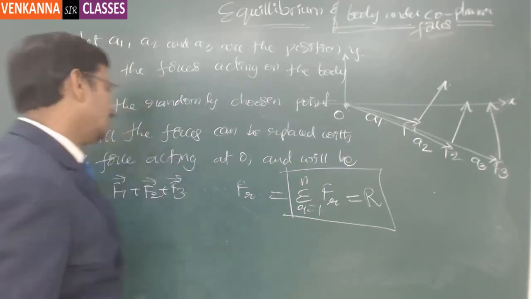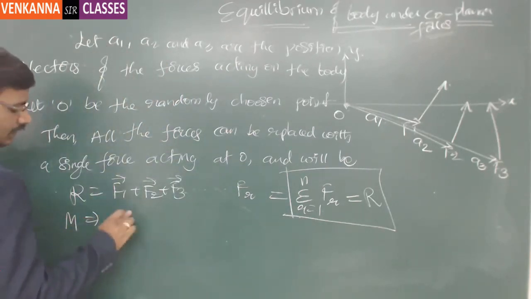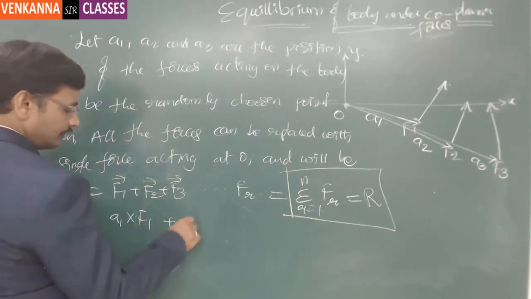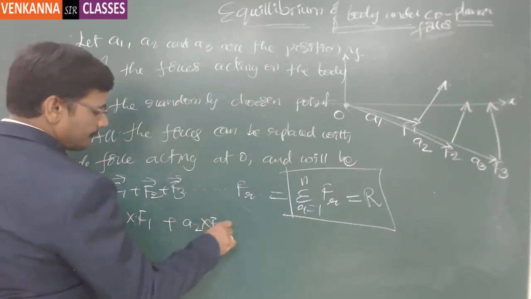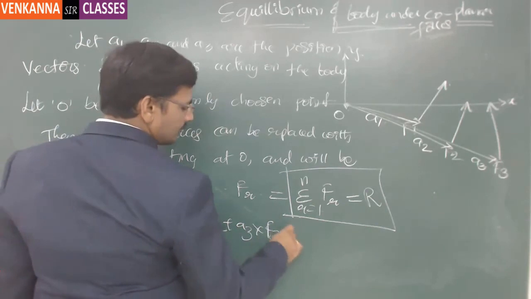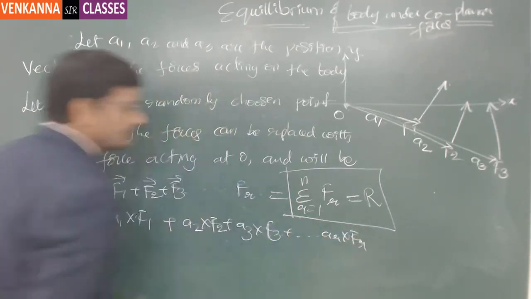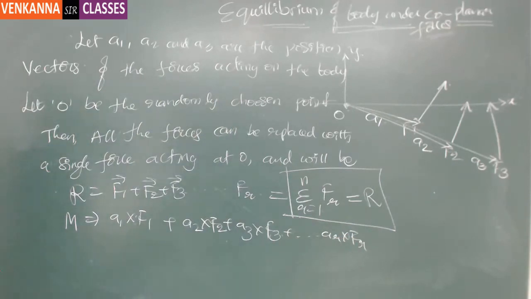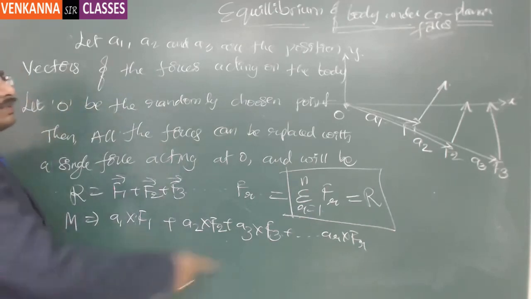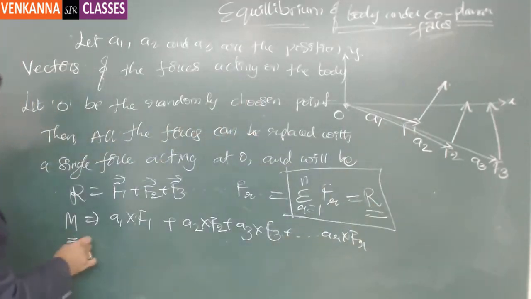So M is equal to A1 cross F1 plus A2 cross F2 plus A3 cross F3 plus and so on up to Ar cross Fr. This is the resulting moment, the moment of all the forces together, and then this entire system can be replaced with this R and this M. Got it?